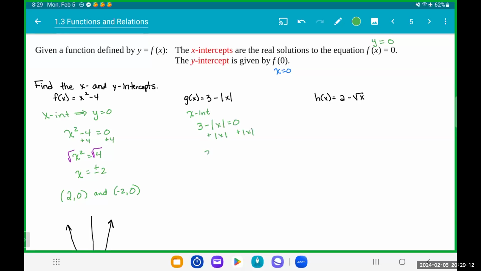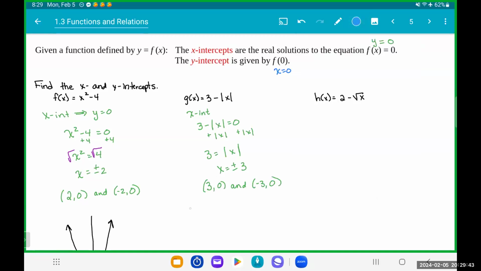That's going to give me 3 equals the absolute value of x. So I know that x can be plus or minus 3 because the absolute value of positive 3 is 3. The absolute value of negative 3 is also 3. Okay. So that means I'm going to have an x-intercept at 3, 0 and negative 3, 0.